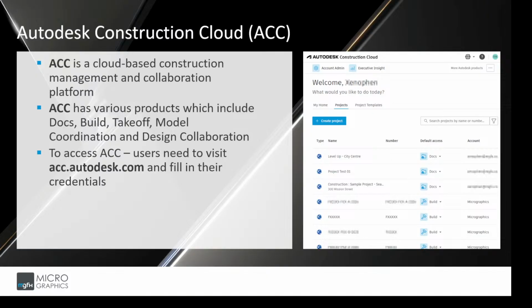And then they will end up on the landing page, which we see on the right. On top, we see that the title is Autodesk Construction Cloud. And then you will see it says Home, Projects, and then Project Templates. If we look at the projects below, we will see all the various projects that I've worked on. And then we can see their name and then number if a number has been assigned.